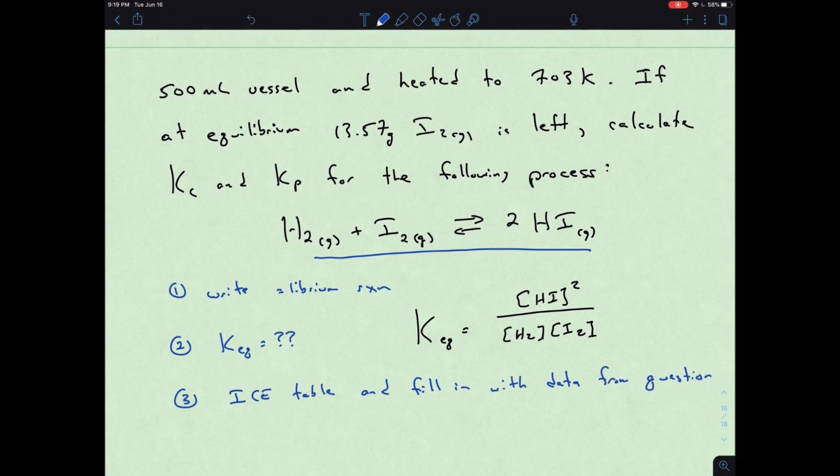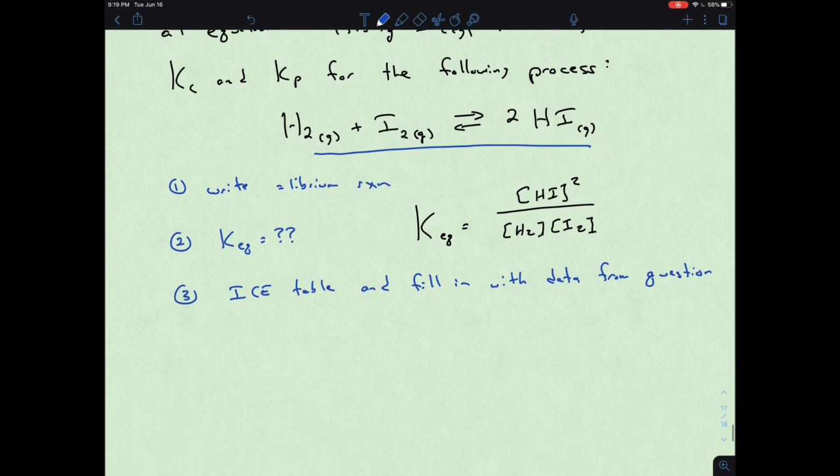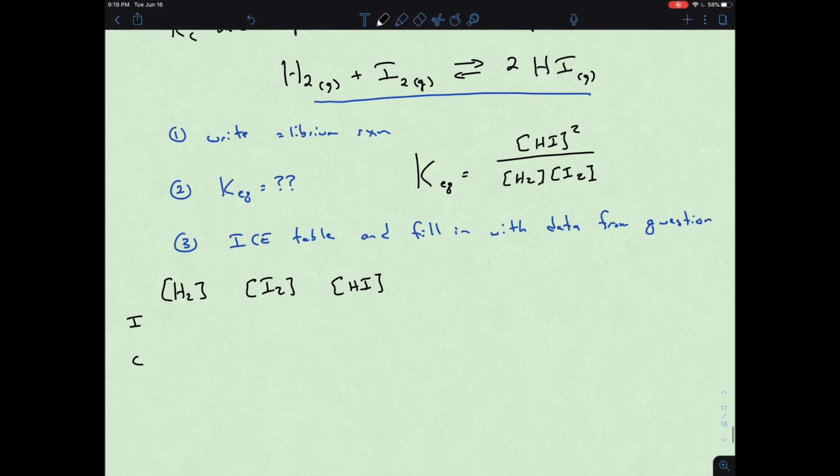Going back to the question to figure out what we have to plug in, we have our starting materials, our H2, our I2, and our HI. We have the initial set of conditions, our change, and then our equilibrium.